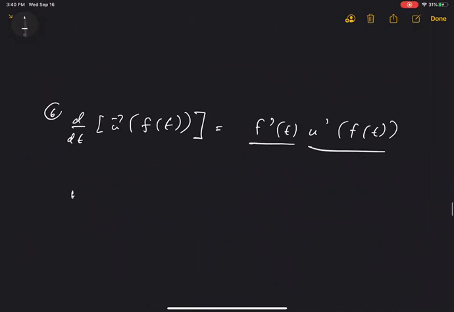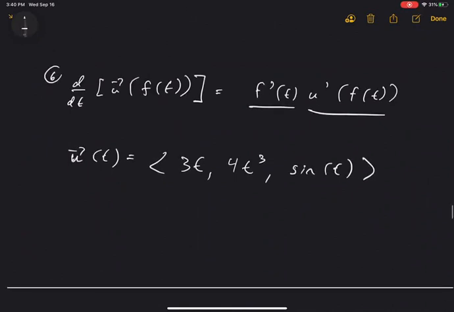Let's say our u of t is given by the vector valued function 3t, 4t cubed, sine of t.